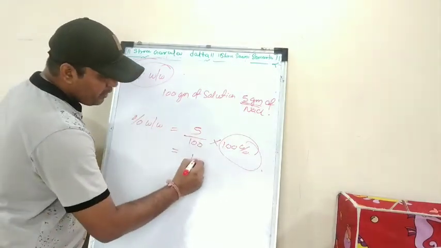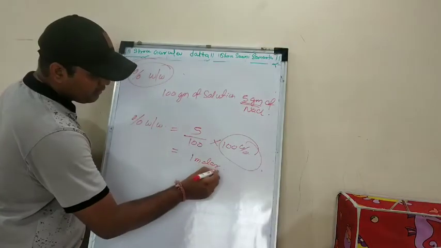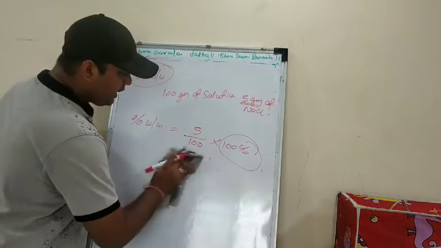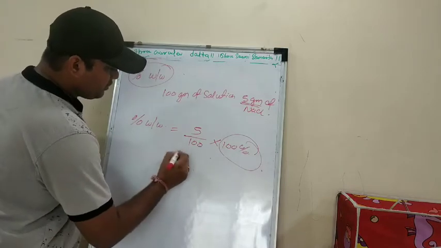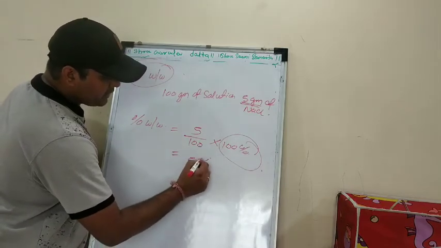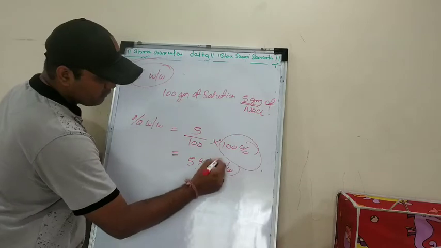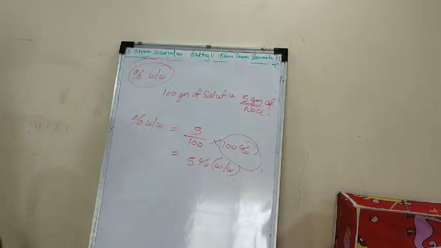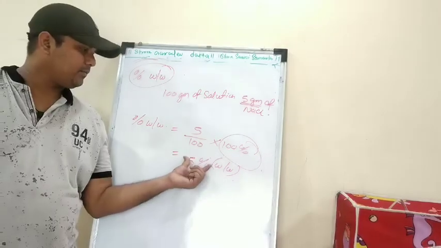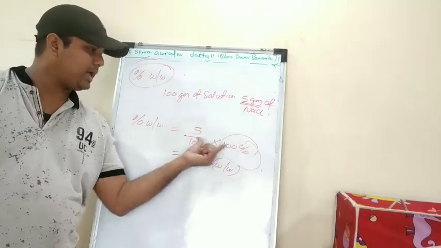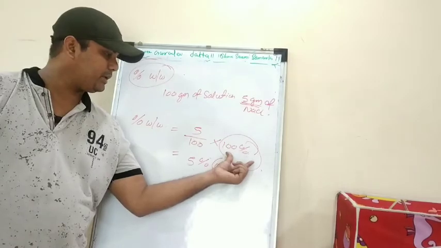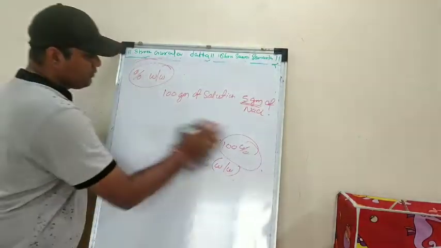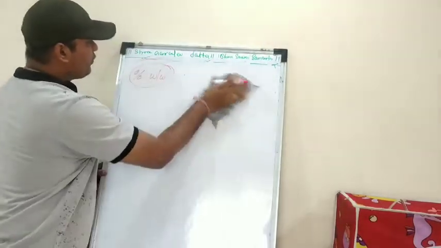So the answer will be 5% W by W, right? I hope that you have understood this. 5 divided by 100, as we are calculating it into 100%, so it will be 5% W by W. Okay, now let's move further.